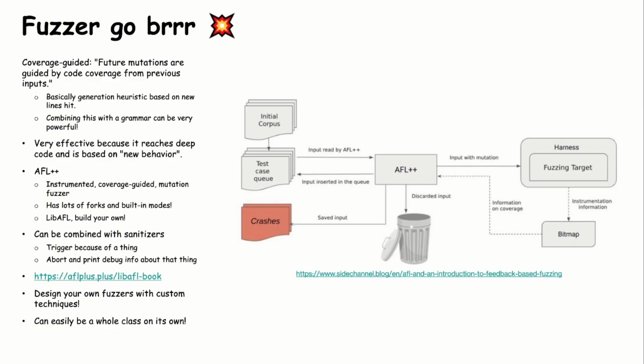And this can also be very powerful when it's combined with sanitizers. For example, if you're fuzzing the Linux kernel, you could use a bunch of built-in compile-time options to turn on address sanitization and uninitialized-memory sanitization and so on. When a violation occurs, when you start fuzzing and trigger an invalid memory read, that CPU exception causes everything to abort and it prints out a bunch of information for you. So that can be very useful.